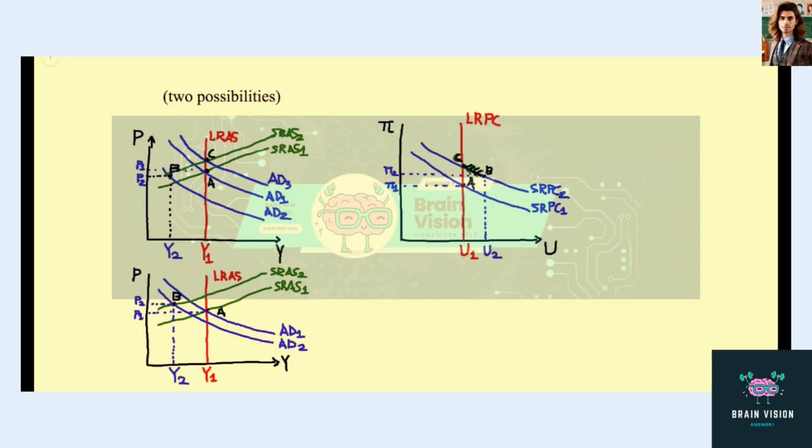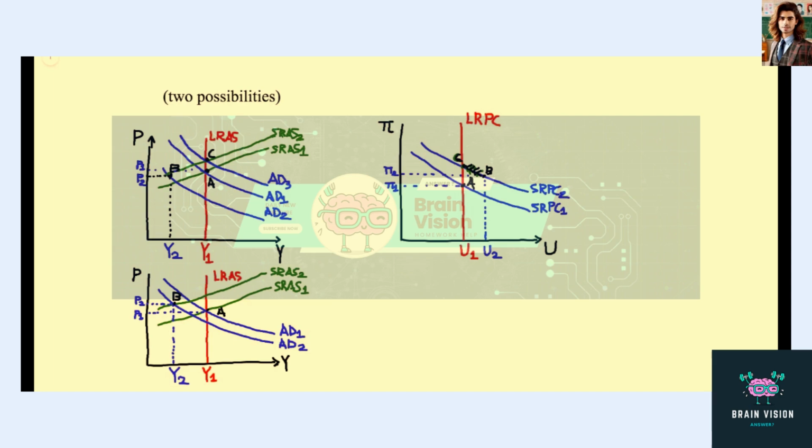In the same vein, we can see that happening in the Phillips curve diagram. We're at point B, and expansionary monetary policy will stimulate aggregate demand, and so the economy will move along the second short-run Phillips curve all the way from point B to point C. Unemployment is back at its natural level, but the inflation rate will be higher.